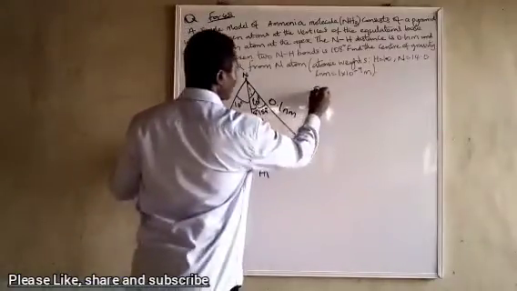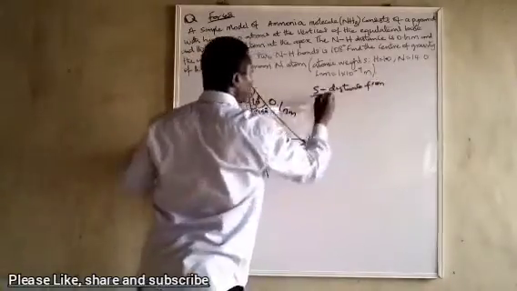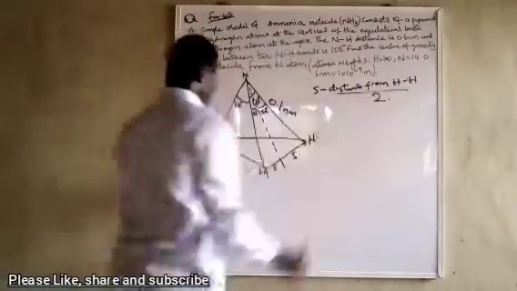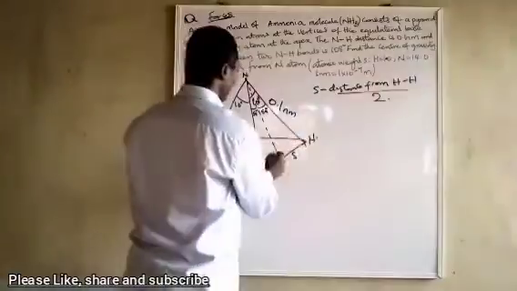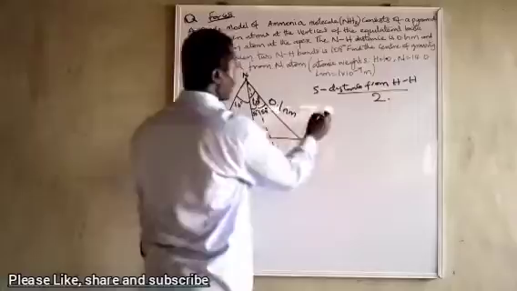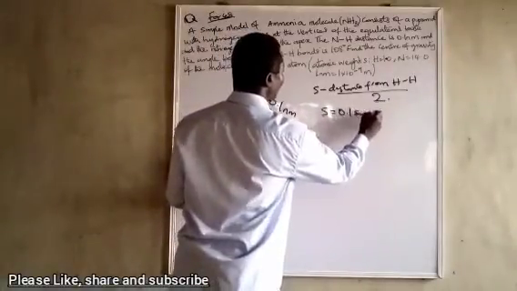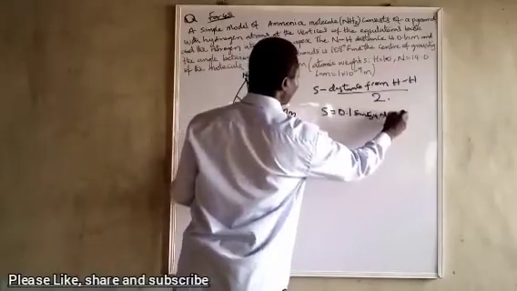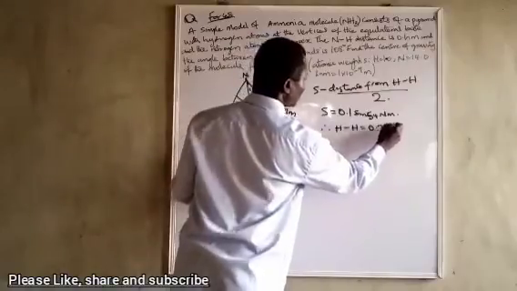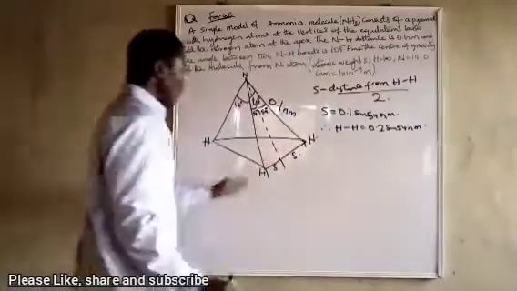S is the distance from H to H over 2. So S, from what I can see now, is going to be 0.1 nanometer sine 54. So S is equal to 0.1 sine 54 nanometer. Therefore, H to H is equal to 0.2 sine 54 nanometer.